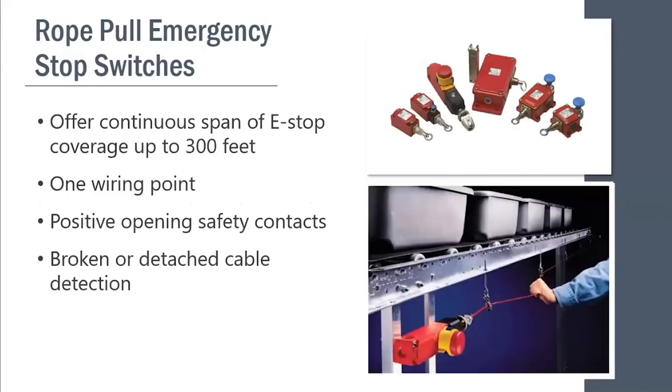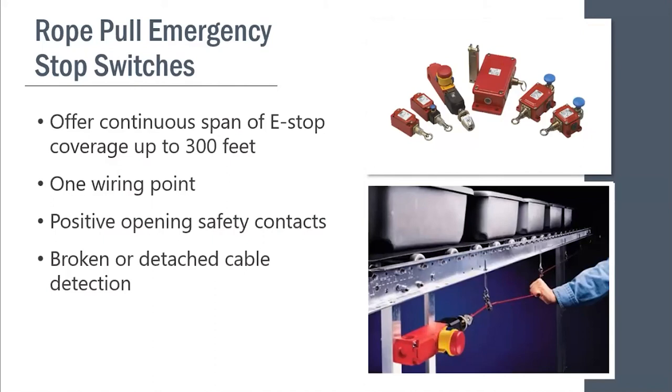The other type of e-stop is a pull cord. Some of the issues we see with these is on an older style pull cord, it was a one-way switch, so it had to be pulled, and you'll see sometimes that pull cord is kind of droopy, has droops in the run, and that means if they're still running, that switch is not working properly.